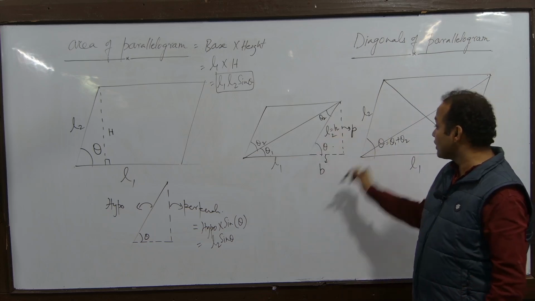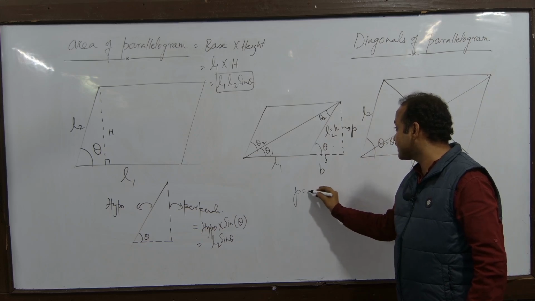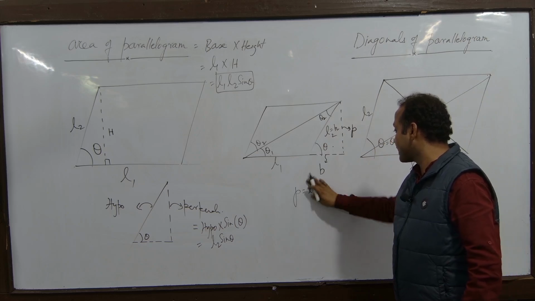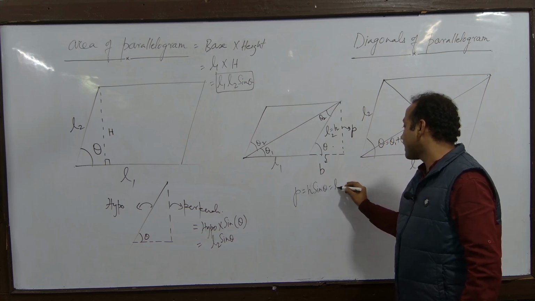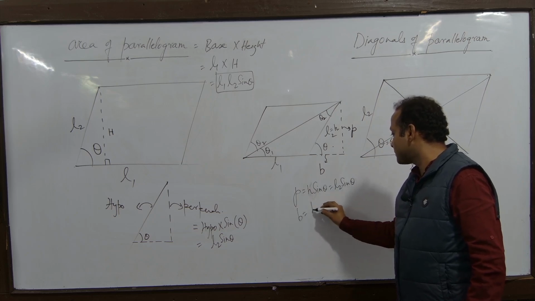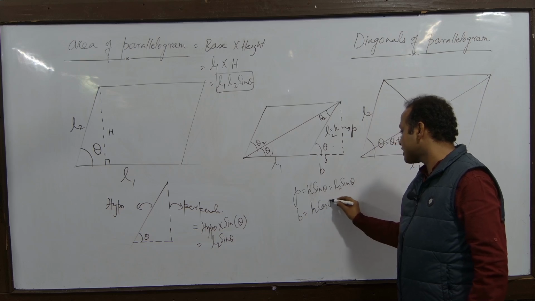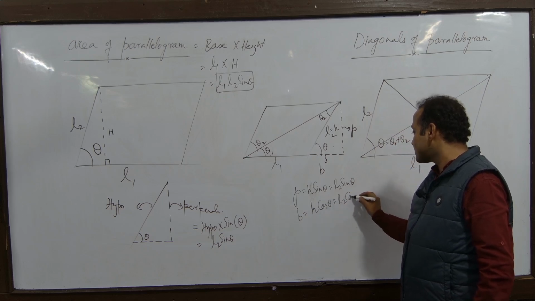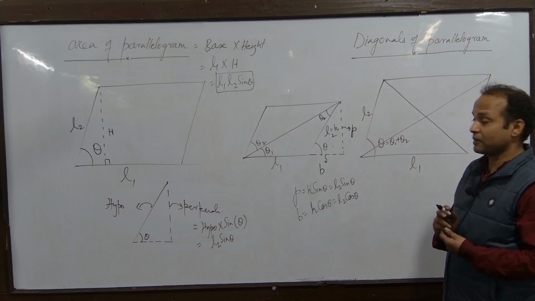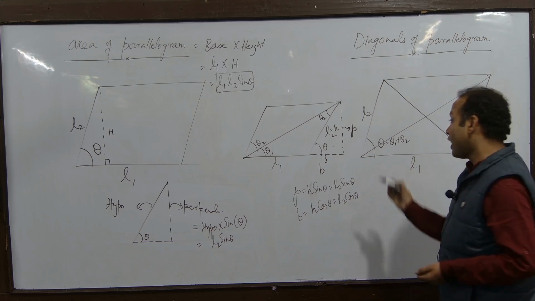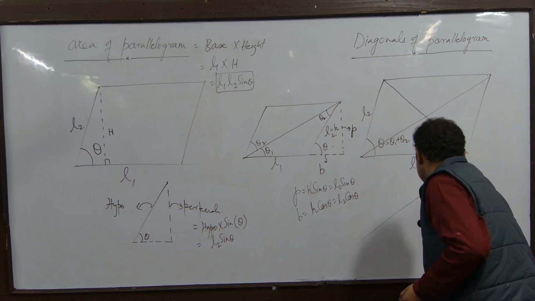You already know perpendicular is nothing but hypotenuse times sine theta, that is L2 sine theta. Base is nothing but hypotenuse times cos theta, so L2 cos theta. Now I am redrawing this bigger triangle.